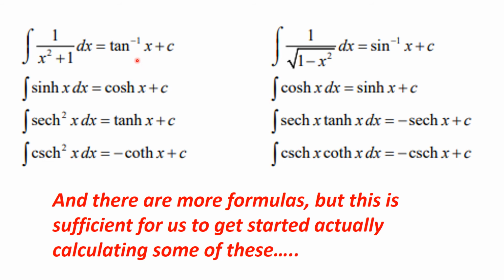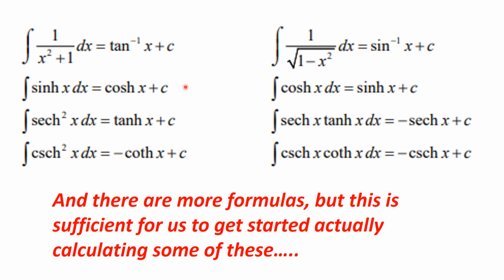Since the derivative of the arctangent of x is 1 over x squared plus 1, that means that the indefinite integral of 1 over x squared plus 1 dx is the arctangent of x plus c. Since the derivative of the arcsine of x is equal to 1 over the square root of 1 minus x squared, that means that the indefinite integral of 1 over the square root of 1 minus x squared dx is equal to the arcsine of x plus c.